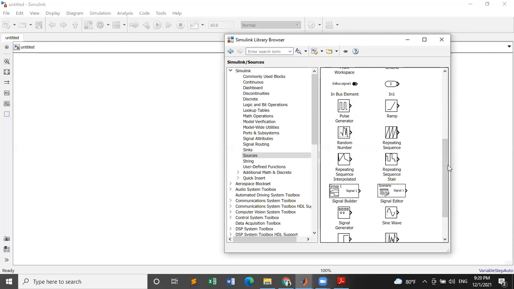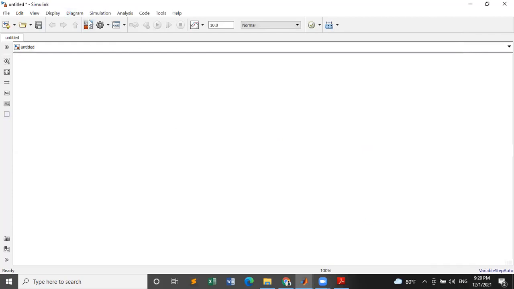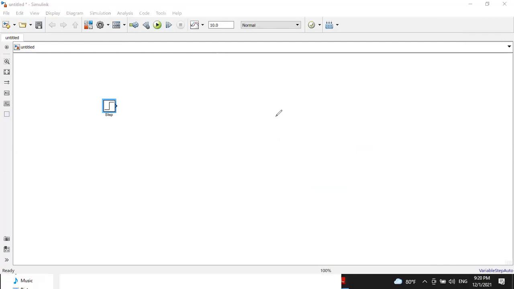We get the step function from here. So we'll get RT is equal to 5.